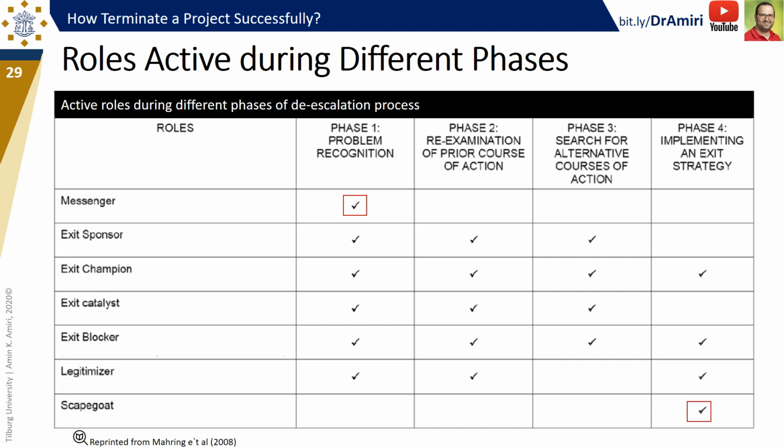The informational power and expert power of legitimizers, such as consultants, are needed in all phases, in my opinion, but the researchers were not able to find its usage in phase 3. Finally, the anti-referent power of scapegoats is required in the last phase when we are terminating the project.